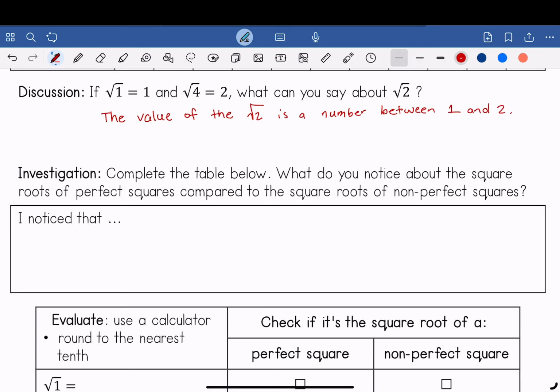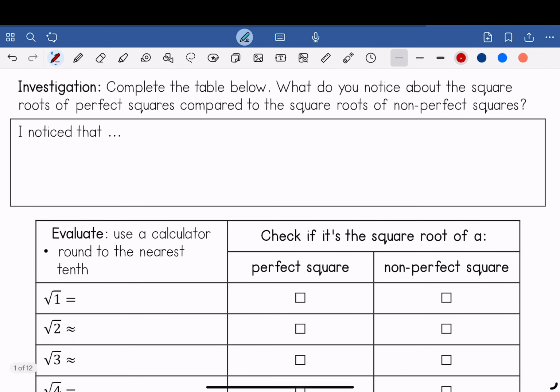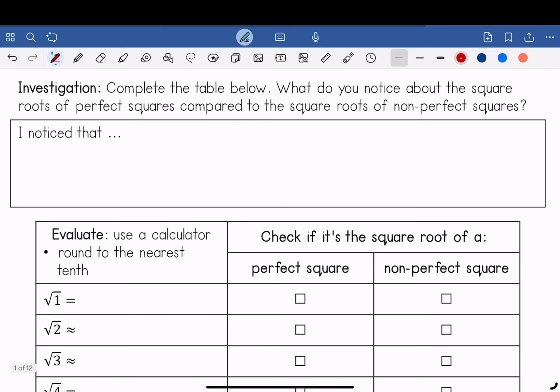A number between 1 and 2 means that it's not going to be a whole number. There's going to be a decimal involved. So let's investigate what that answer might be.